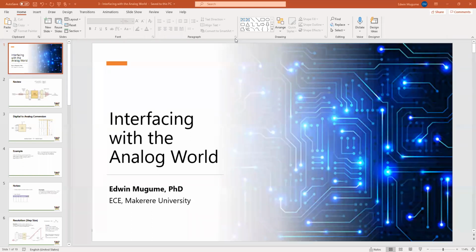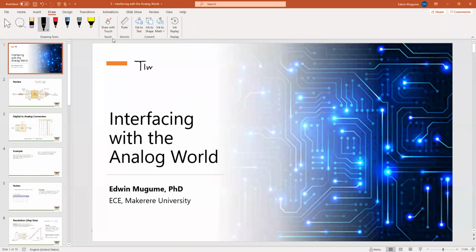So we are going to start with interfacing with the physical, with the analog world. Now you know that the world is typically analog. Anything you can think of is typically analog. Time is analog.